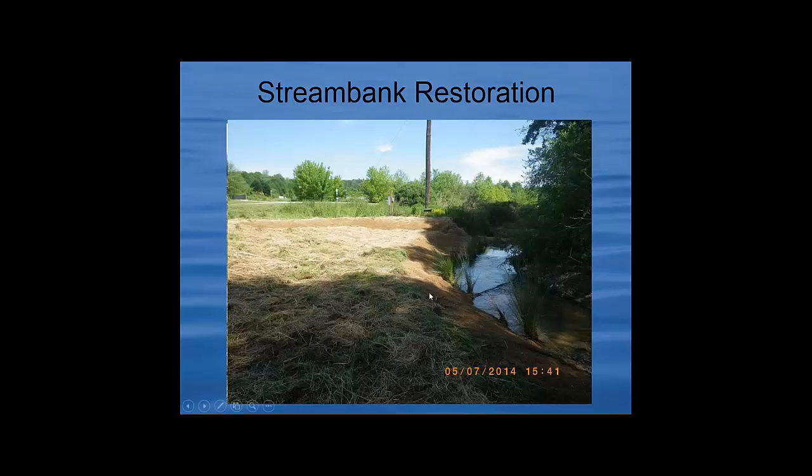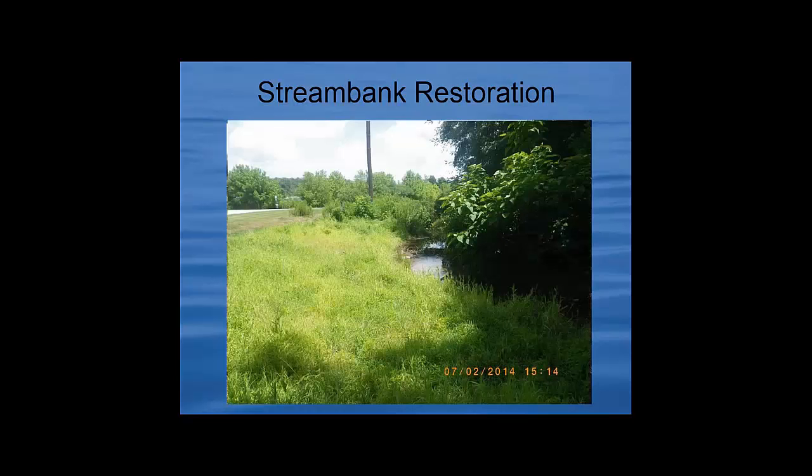We were able to reshape this bank, reconnect it to a small floodplain terrace, put in some structures in the stream to help dissipate the energy as the stream flowed down to the Sequoia River, and get some vegetation back in there. It had to be low growing because the monopolistic utility would come whack it down, but we get some stuff in there green with roots, and man, that's green infrastructure, and that's helping hold the structure of those banks in place.